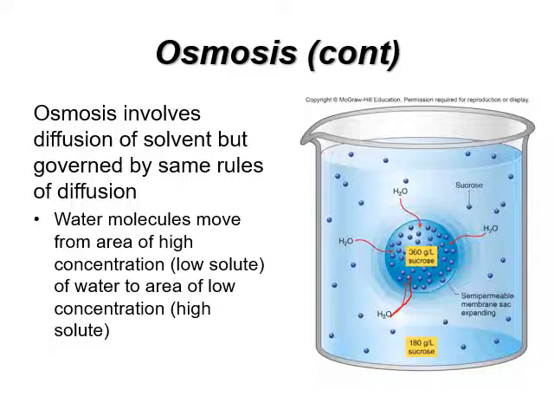Higher osmotic pressure is going to drive the water into the solution. Again, water is going to move to an area of higher non-permeable solute concentration compared to the lower concentration. Lower here, higher in here, so water moves in.